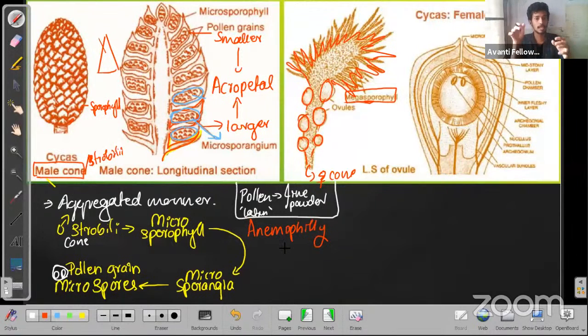That means the pollen grains will travel in the air and will be attached to that particular ovule, and they will produce the pollen tube and fertilization will happen. Some people say that this megasporophyll also helps in stopping those pollen grains present in the air. Okay, so those are the two actual significances, if you can say.